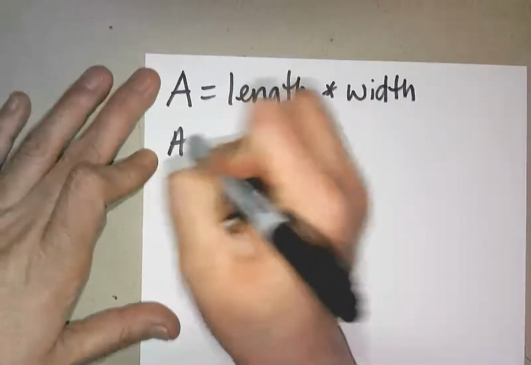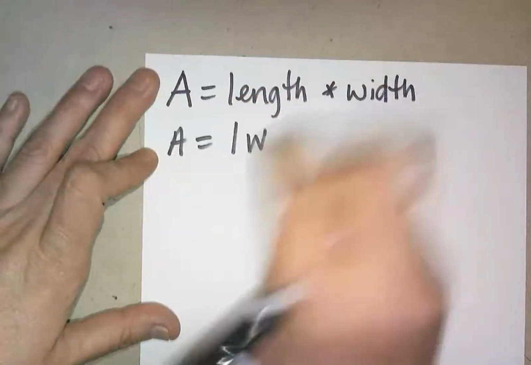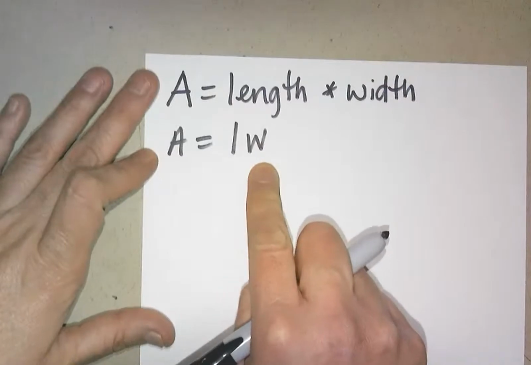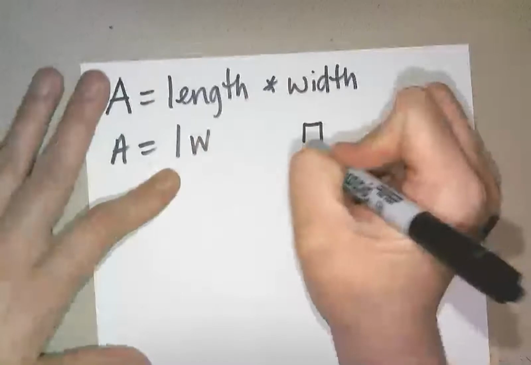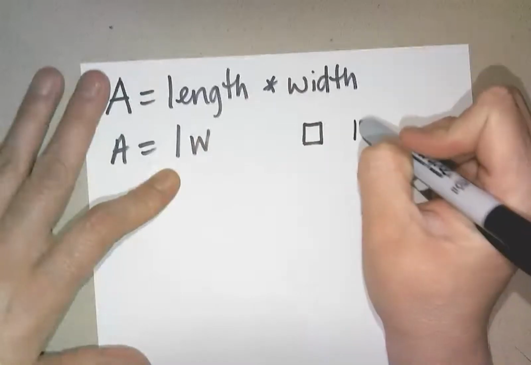And it's faster to write it as LW, which means multiplication, length times width. And this works with squares and rectangles.